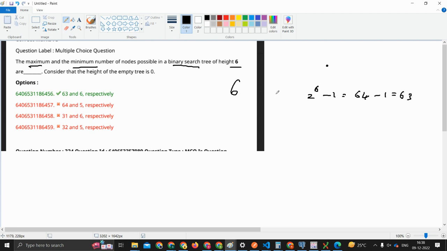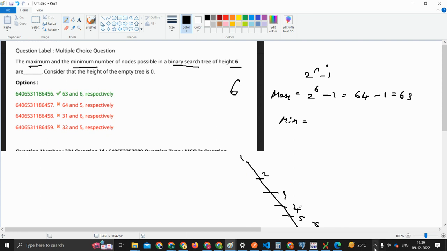Okay, and the minimum number of nodes. Given that it is a binary search tree of height 6, what will be the minimum number of nodes? If the height is 6, then there will be at least one node at each level.